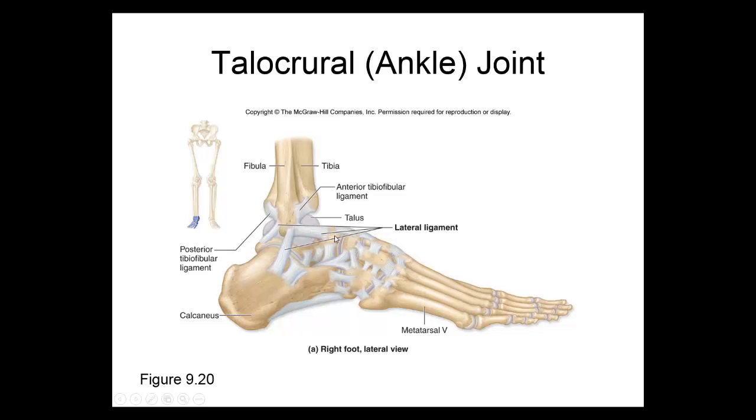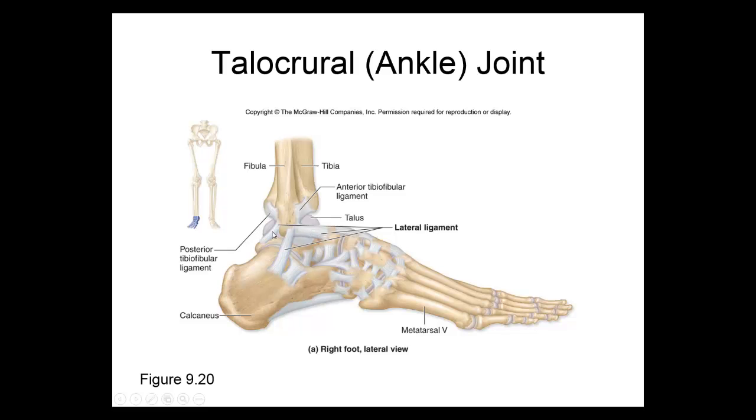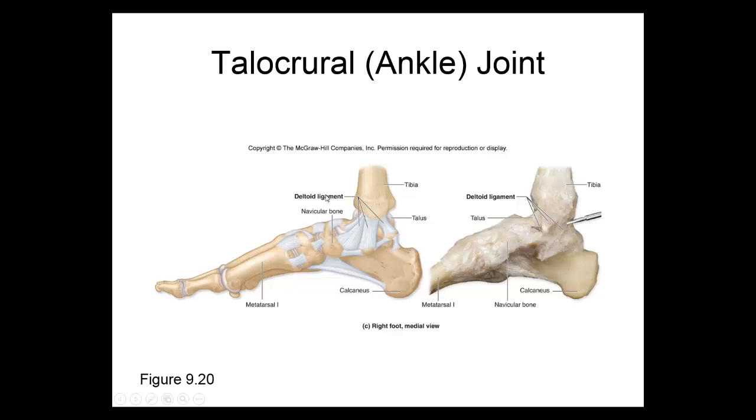If you twist it the other way around, so you hyper-evert your ankle, that can result in damage to your deltoid ligament. You get that? So if you hyper-invert, you will damage the lateral ligament. What are the components of the lateral ligament? Anterior and posterior talofibular ligaments, and your calcaneofibular ligament. And on the medial aspect, on the other hand, we have the deltoid ligament.